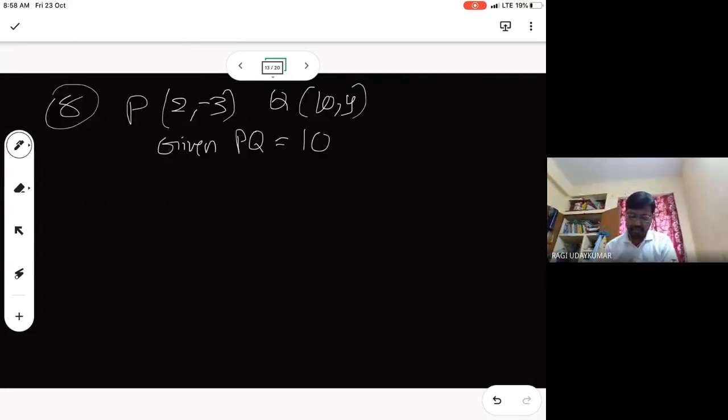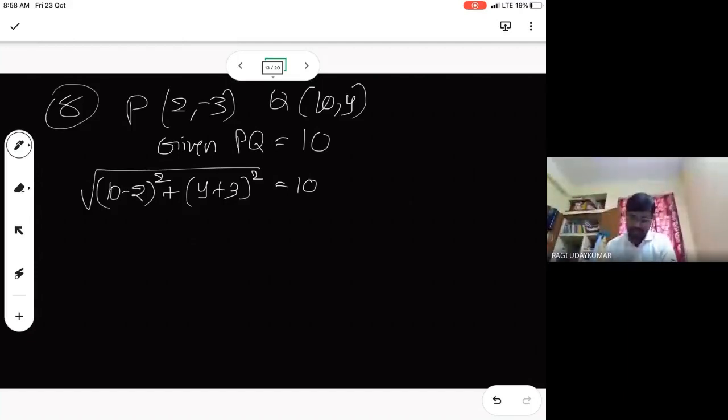So that is nothing but under root of, what do we get? Under root of 10 minus 2, x2 minus x1 whole square plus y plus 3 whole square is equals to 10. Squaring on both sides.